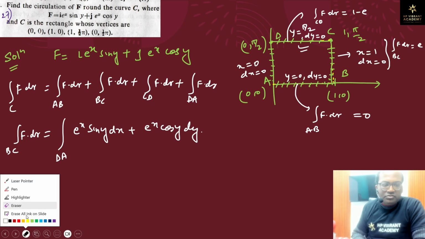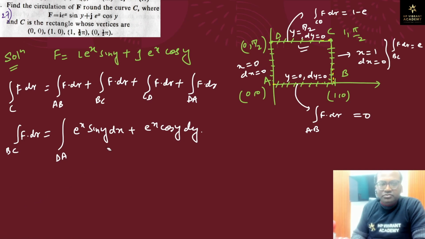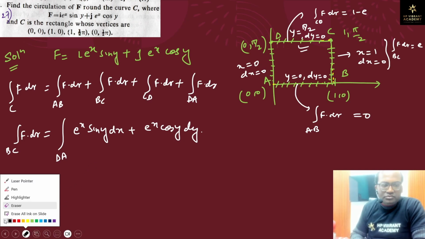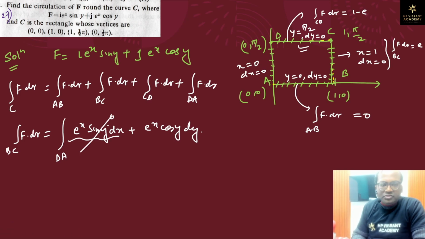Since x is equal to 0 and dx is equal to 0, so this term gets vanished because dx is 0 and we have x as 0. So e to the power x will be 1 because e to the power 0 is 1. So e to the power 0 into cos y dy, and limit on y is from pi by 2 to 0, pi by 2 to 0.